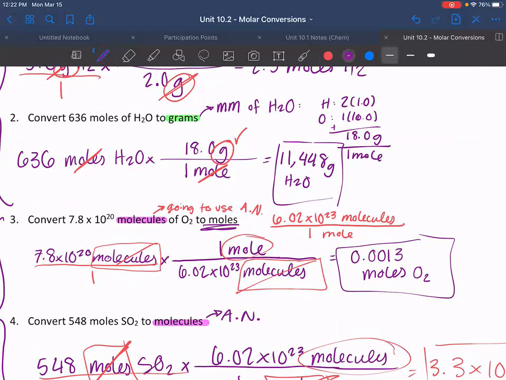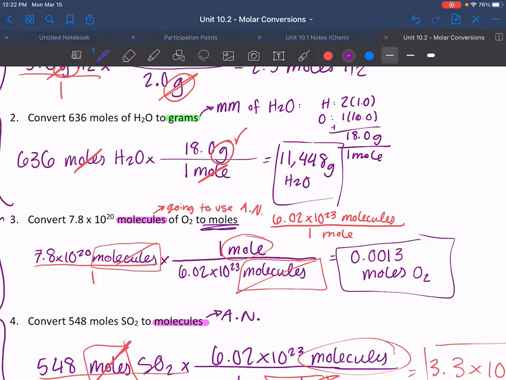How many molecules are in 1 mole? Is this more or less than that? Less. So 10 to the 20th is less than 10 to the 23rd. If we have less than what's defined as a mole, do you think that we should get less than a mole as our answer?